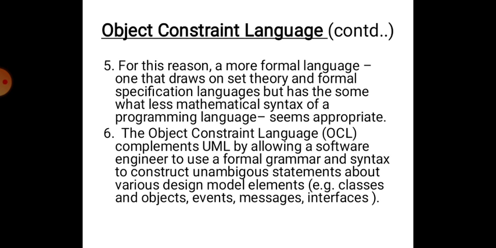Students, the object constraint language helps Unified Modeling Language whereby it allows the software engineer to use formal grammar and syntax to construct unambiguous statements about various design model elements such as classes, objects, events, messages and interfaces. So this is a new language where we can express constraints.